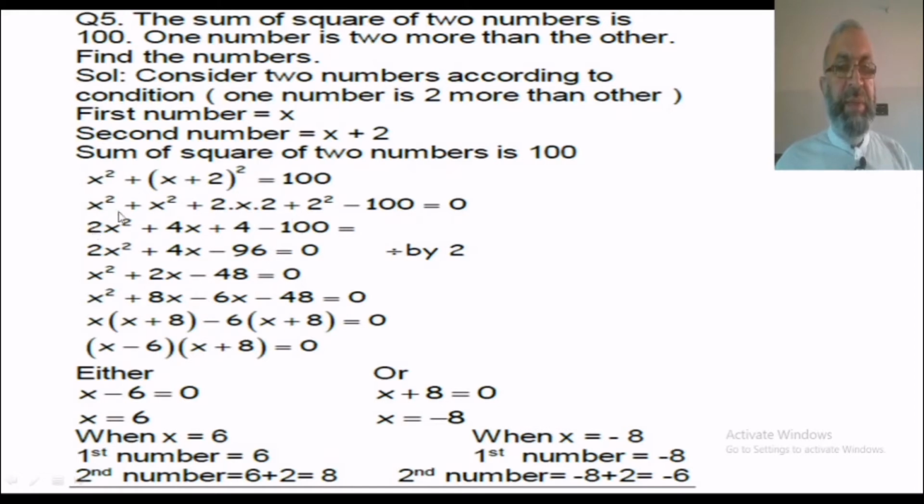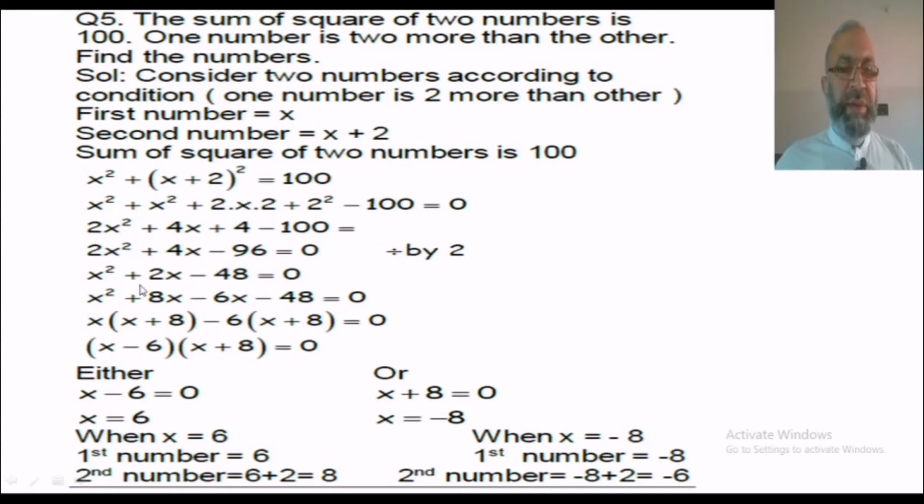Simplifying, 2x square plus 4x minus 96. Here 2 is common, so divide the whole equation by 2. We get the simplified form x square plus 2x minus 48 is equal to 0.